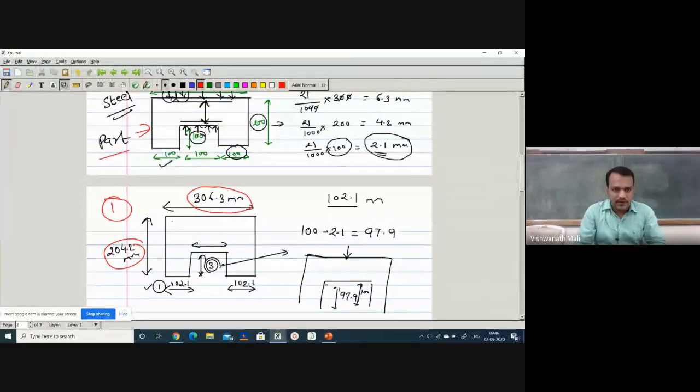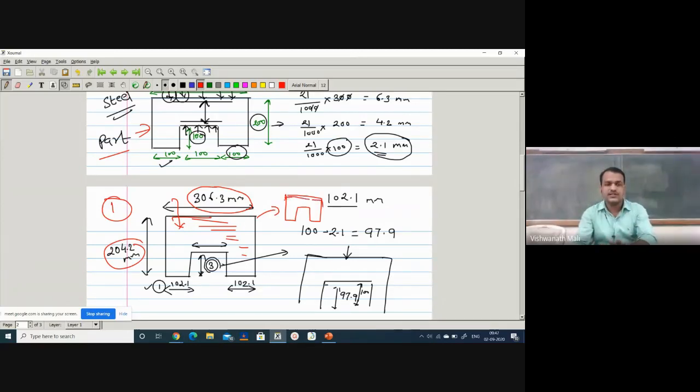Now you have prepared the pattern of this shape, and you have poured the molten metal in this cavity, and due to the shrinkage, what dimensions will you get? Due to the shrinkage, you will get the original size. You have considered shrinkage allowance, you have increased the dimension, and due to shrinkage it will again come to the original size.